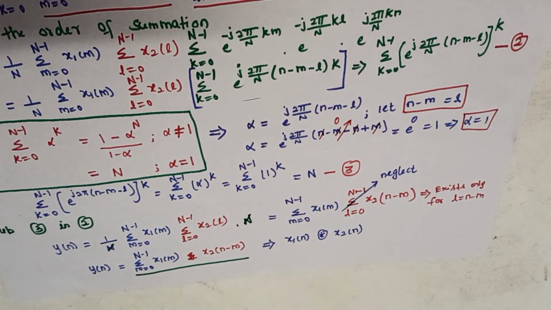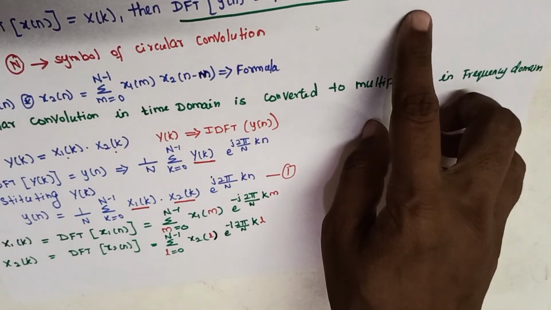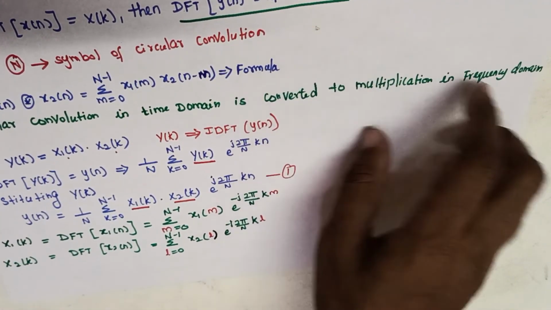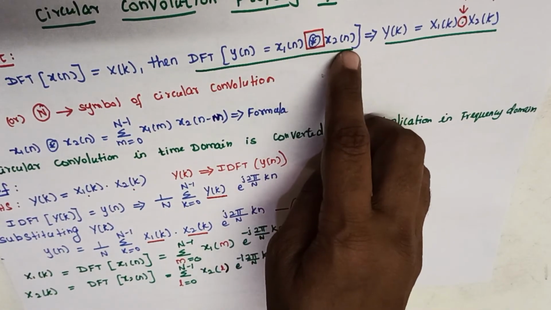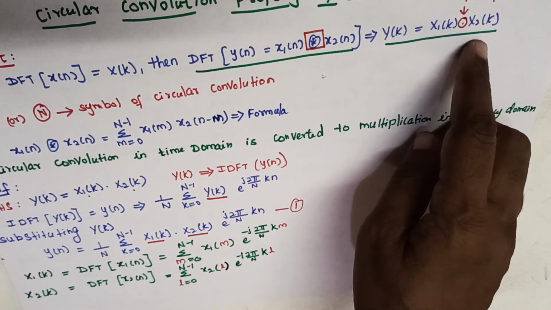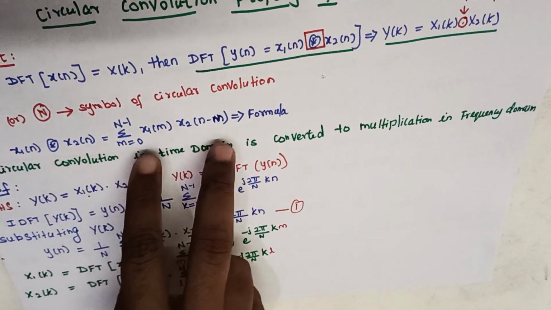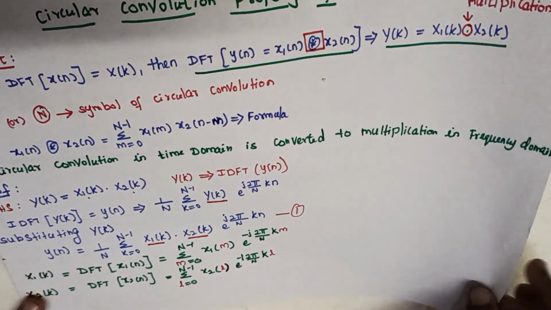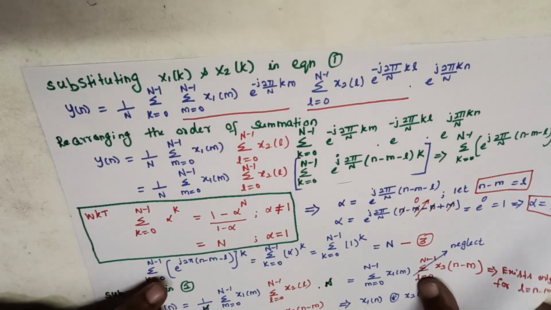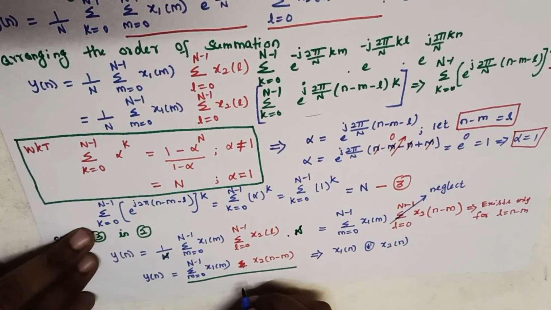So we have taken the right hand side of the equation and we have proved that x1 of n convoluted with x2 of n corresponds to x1 of k into x2 of k. We have taken the right hand side of this equation and we have obtained the formula for convolution at the end. So we can say we have proved the property of convolution.